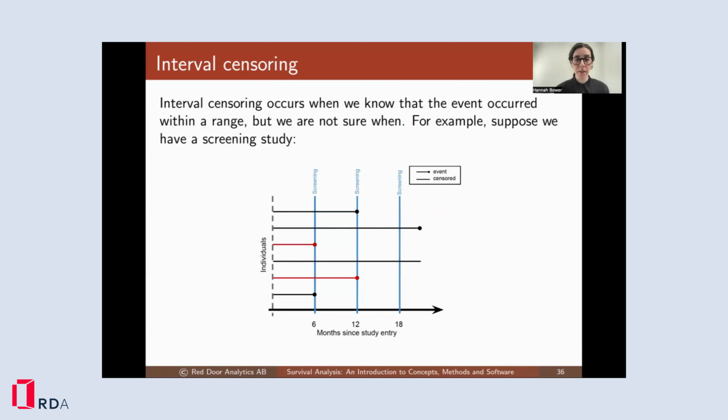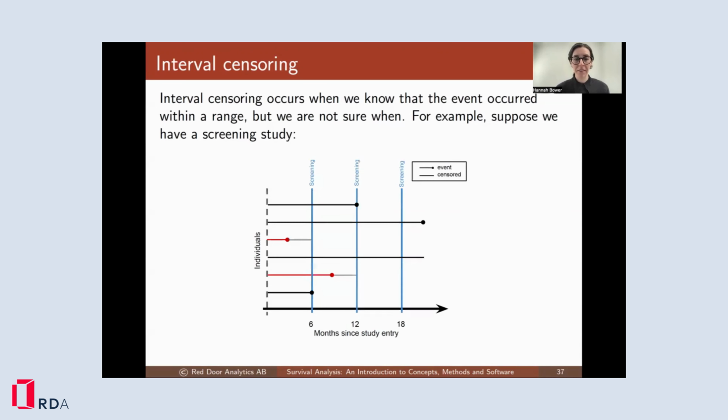But if we look at the two individuals of particular interest here, the two represented by red, the first red individual has an event of interest at the first screening, and the second red individual has an event at the second screening. Is this really what happens? Well, no. These two individuals actually had the event of interest at a time prior to screening, but we didn't detect it because of the screening program.